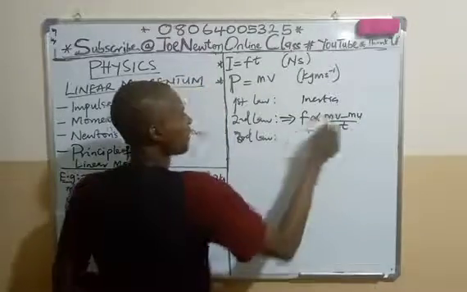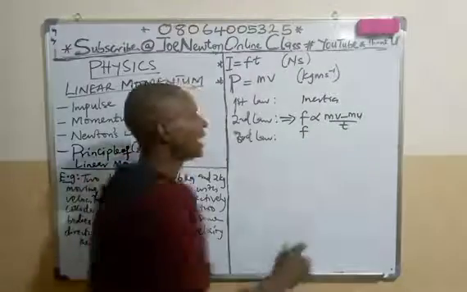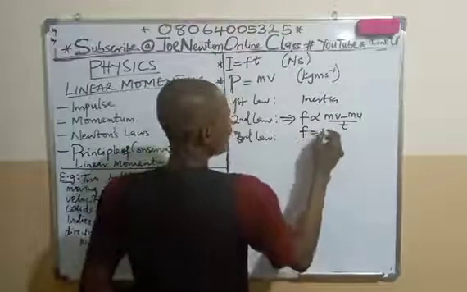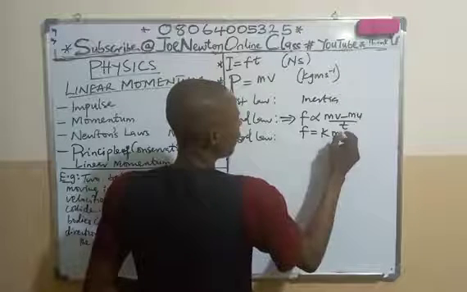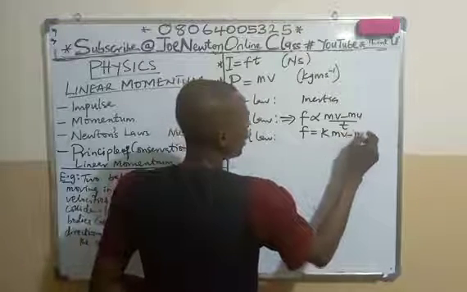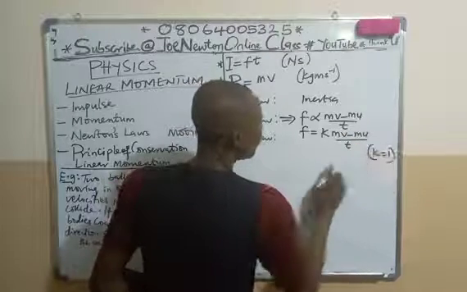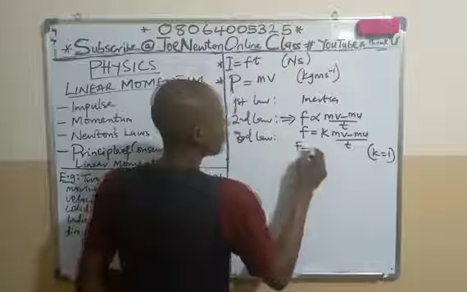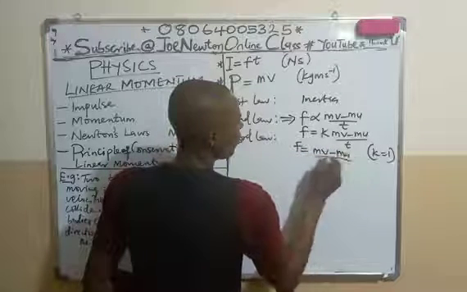Then for a unit force, we have that our constant k gives us k times (mv minus mu) over t. Then for k equals 1 for a unit force, we have that F is equal to (mv minus mu) over t.